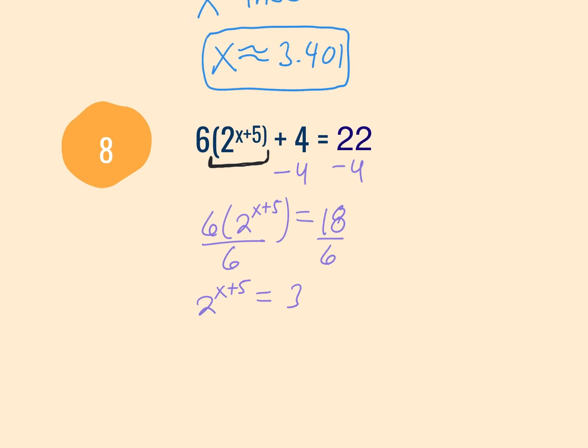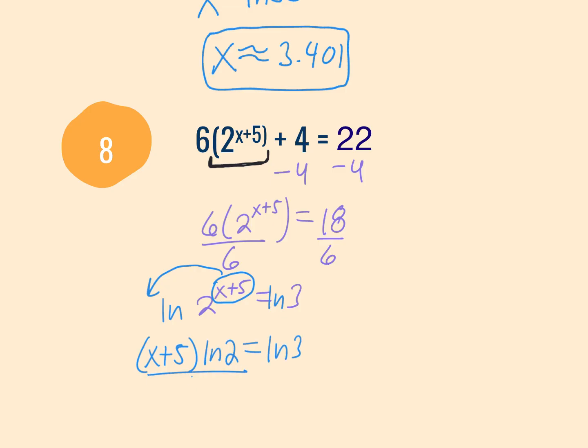All right, now that the base with the exponent is by itself, let's ln both sides. And then when we do that, this entire exponent is going to move out front by property of log, right? So we get x plus 5 times ln of 2 equals ln of 3. And then let's divide both sides by ln of 2.